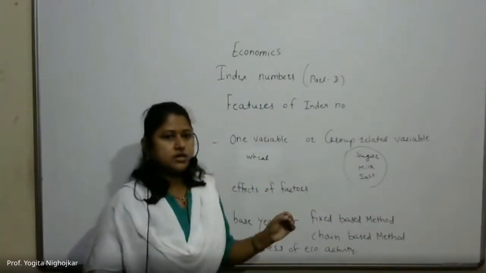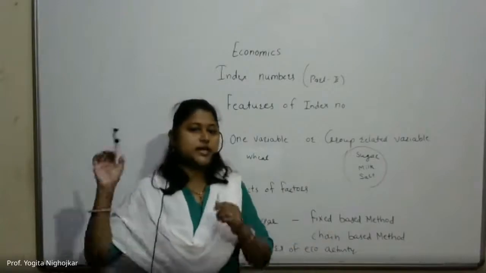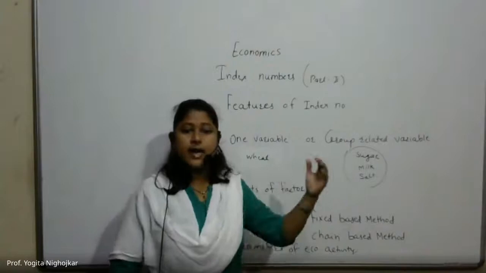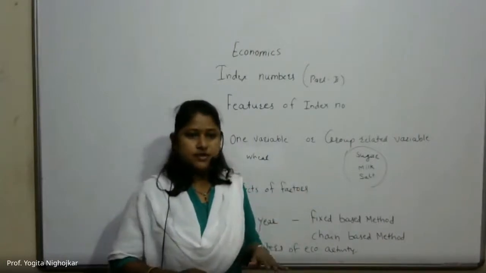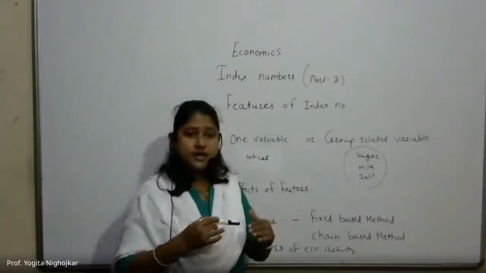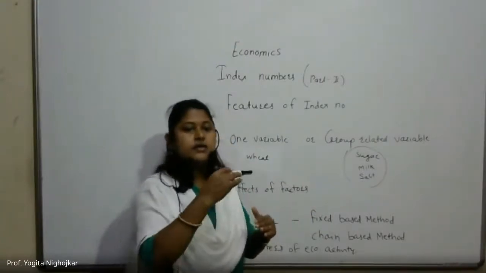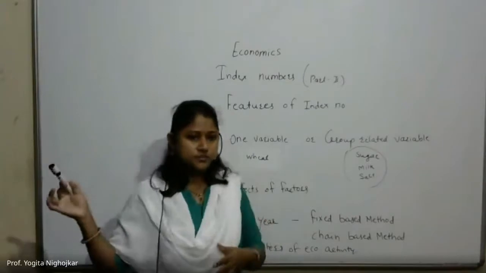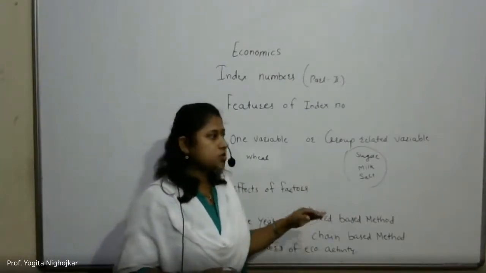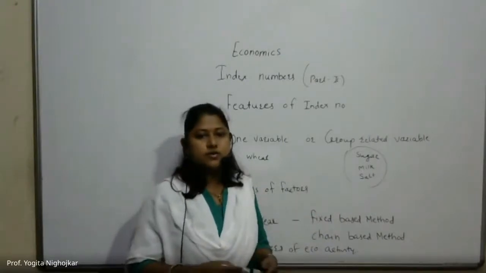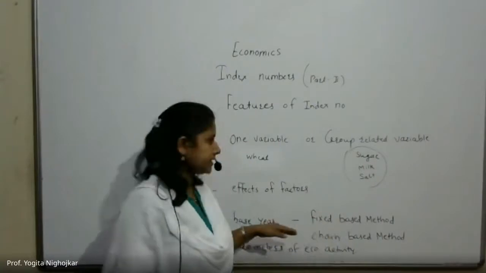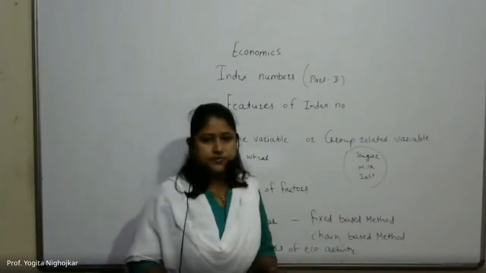In which the base year goes on changing. For example, for 1980, the base year will be 1979. Second example, for 1979, it will be 1978, and so on. So, through chain base method, the base year goes on changing.